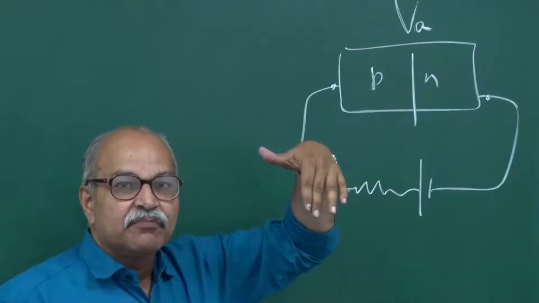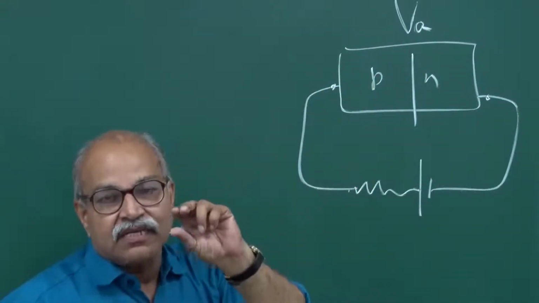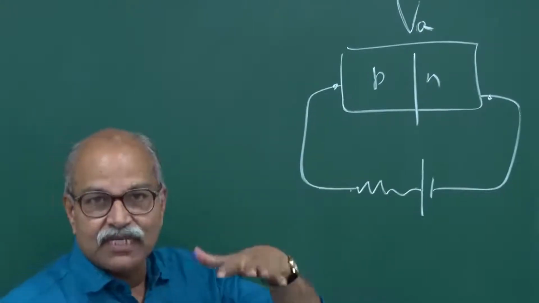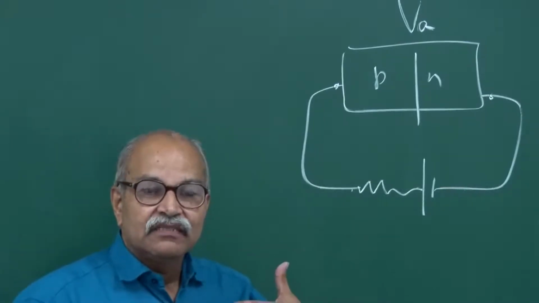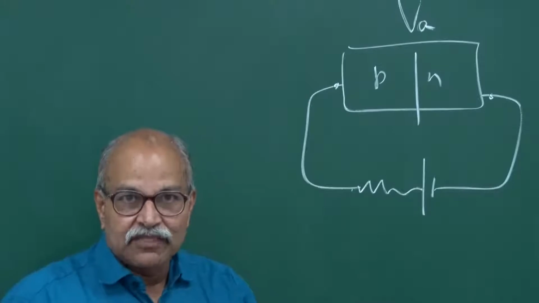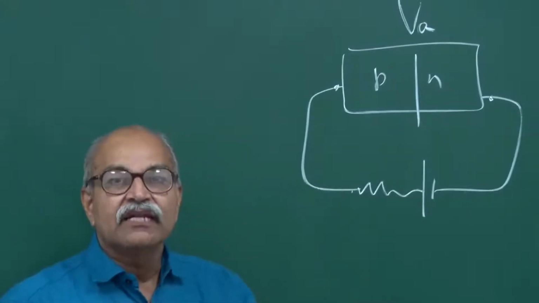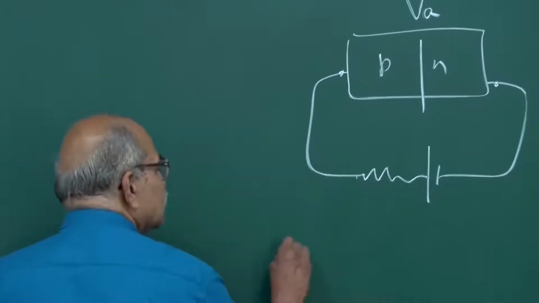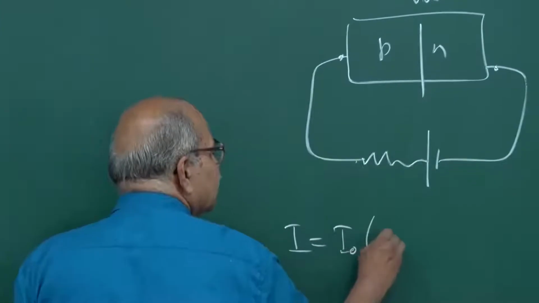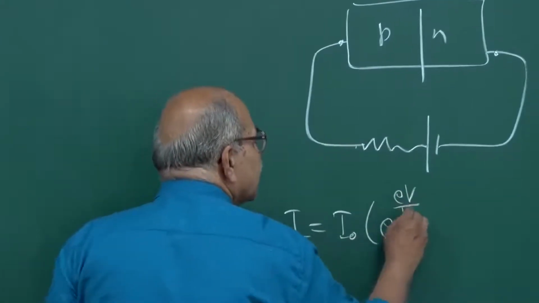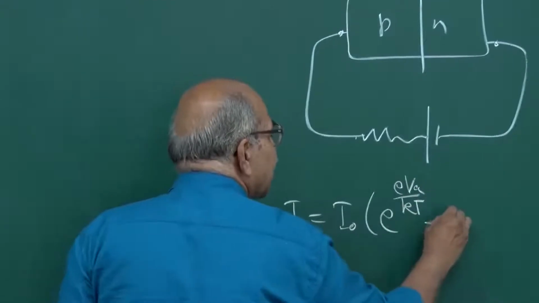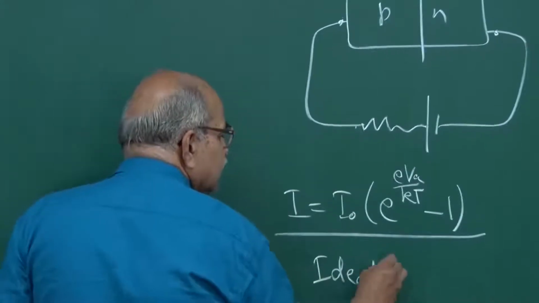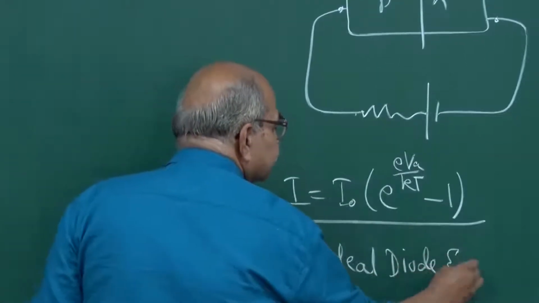And if this applied potential, or that reduction in potential barrier, is small as compared to the original potential barrier, then the extra majority carriers which can diffuse, that number goes up exponentially, and then we have this equation I equal to I naught e power eV over kT, this is that V applied, minus 1. This is known as the ideal diode equation.